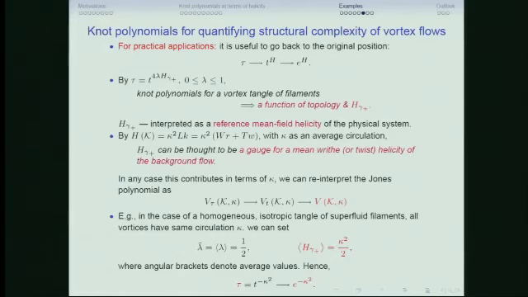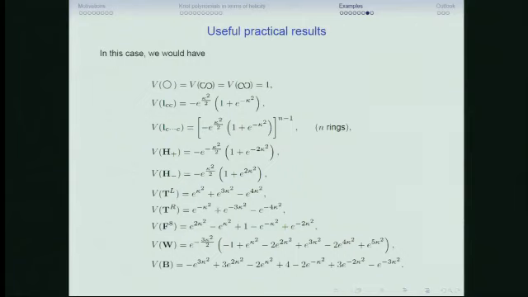On average, we can take lambda to be half, and this one just a half kappa squared. We can just replace tau with this one because we have this. Then we have some typical results for some typical knots.